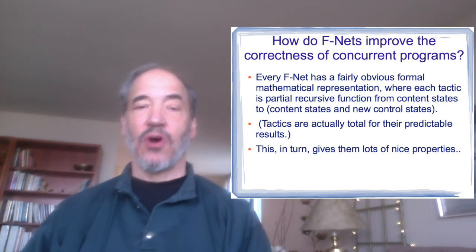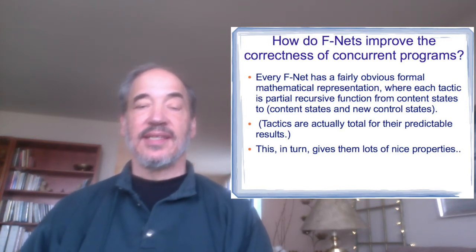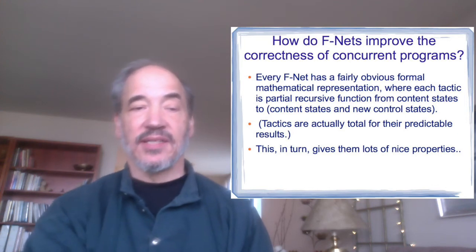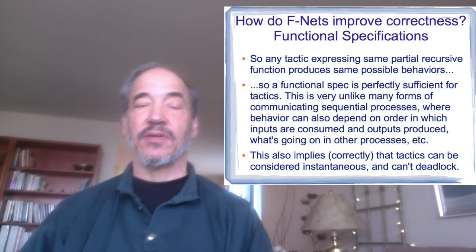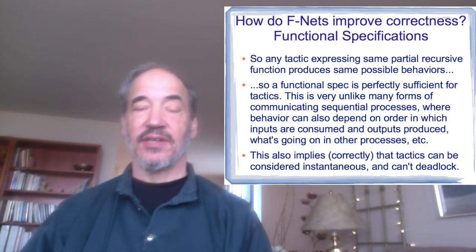Tactics are actually total for their predictable results instead of partial recursive functions for those results, because predictable arrowheads say that they will always produce a result. This in turn gives FNets lots of nice properties. So any tactic expressing some partial recursive function produces the same possible behaviors.